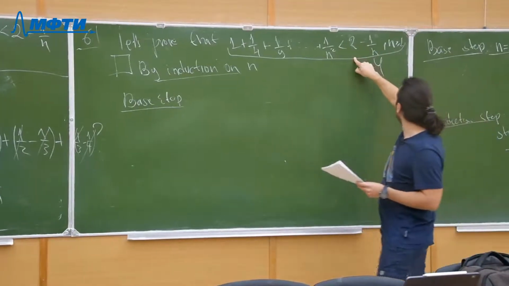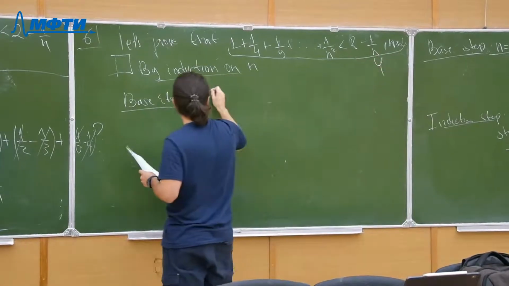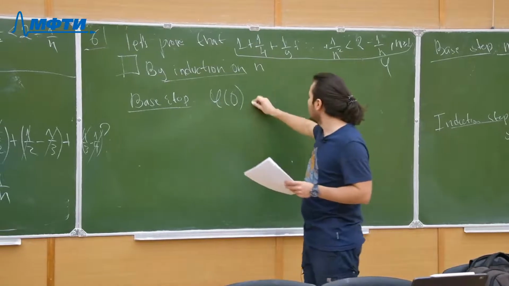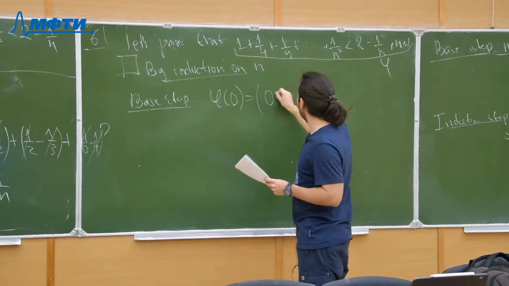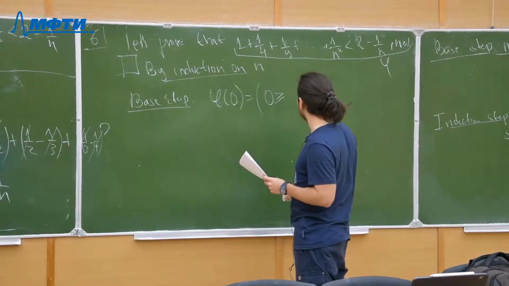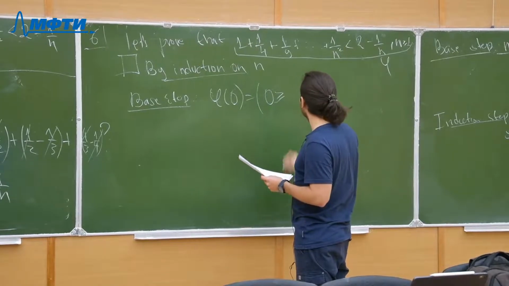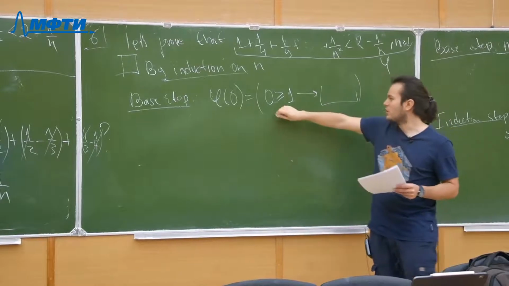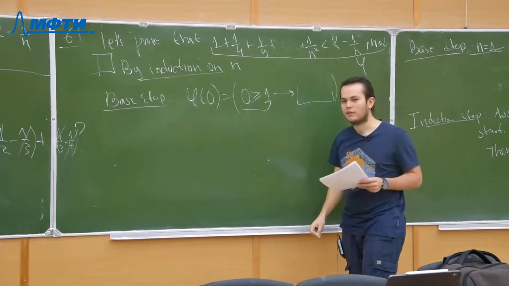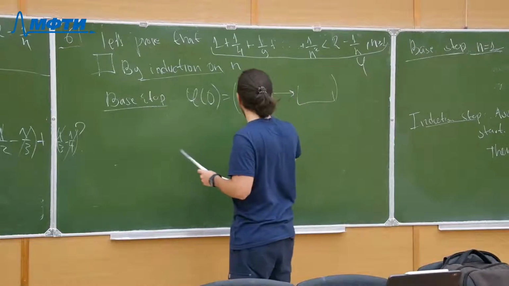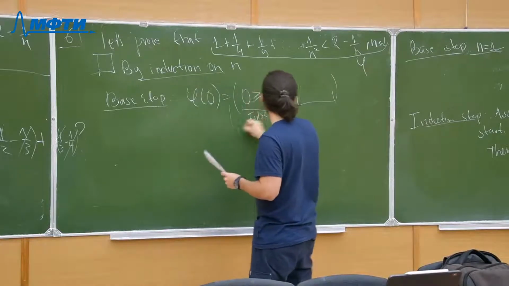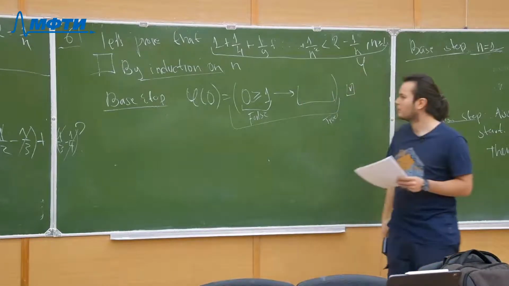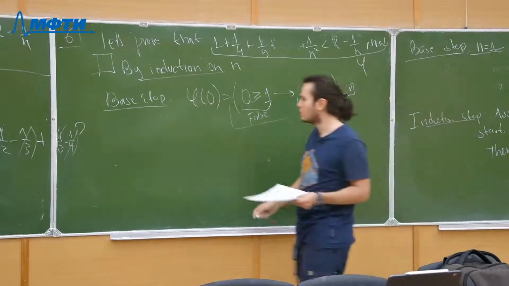We check phi of 0: if 0 is at least 1, then something holds, but we can see that the premise is false. Then it means that this is true, so the basis step holds, okay?